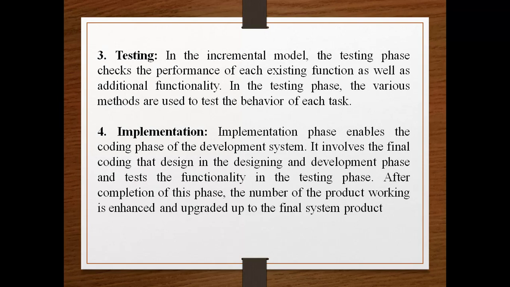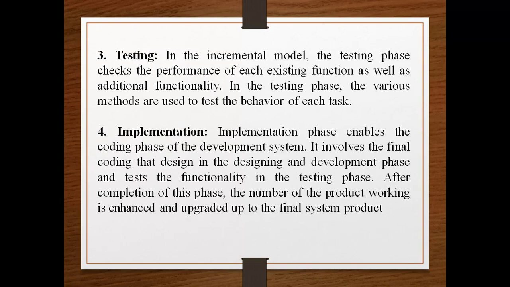Now if I change my data type from integer to float, but the functionality remains the same, I want the multiplication. So again what do I have to do? I have to write a small code into it. I have to change the data type. I have to write that small code, that is additional functionality, right? Again I have to test the complete program for integer as well as for float. So that is what is called the incremental model.